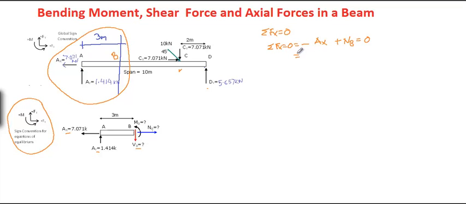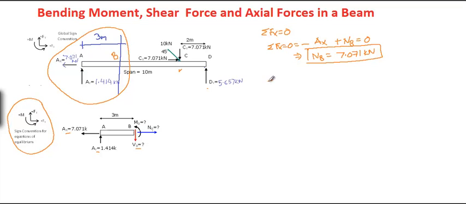We should get NB equals 7.071 kilonewton. So the axial force at point B of the beam is 7.071 kilonewton.